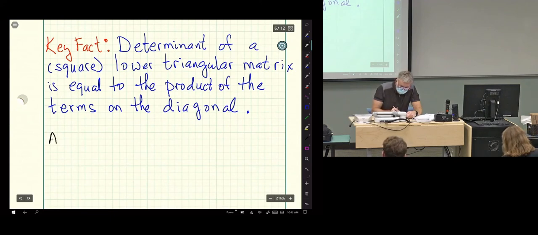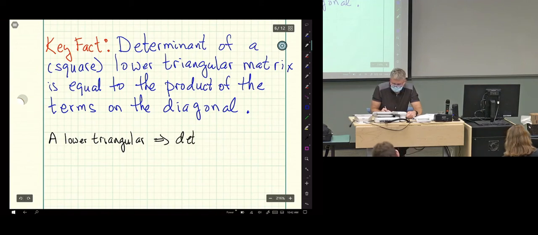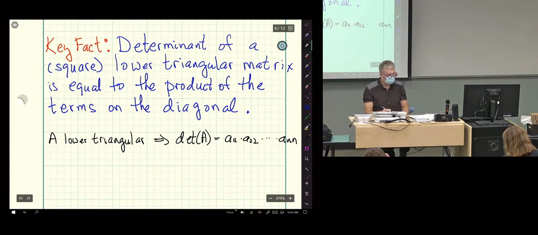So A lower triangular implies det of A is A11, A22, ... ANN. You just multiply them out.